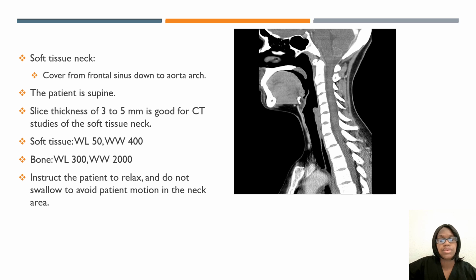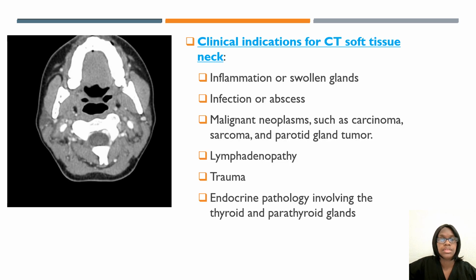Whenever you do have your patient, just tell them to hold still on the table and make sure that they are relaxed, because if they are swallowing, it's going to cause motion in that area where their neck is. The clinical indications for a CT soft tissue neck will be inflammation or swollen glands, if they have an infection or abscess, any type of cancer, or if they have trauma to that area.